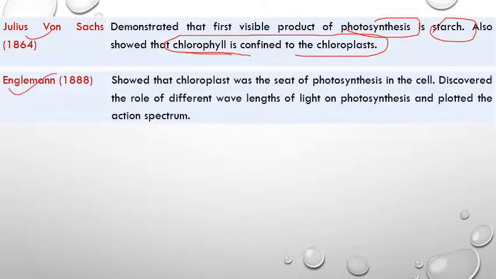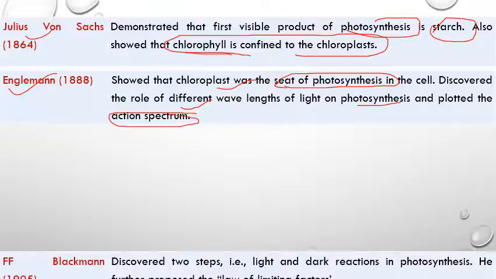Next was Engelmann. He did some famous experiments that we'll discuss in an upcoming slide. He showed that the chloroplast was the seat of photosynthesis. That's why we call the chloroplast the kitchen of the plant cell. He also discovered the role of different wavelengths of light on photosynthesis and plotted the action spectrum that we'll discuss in detail.